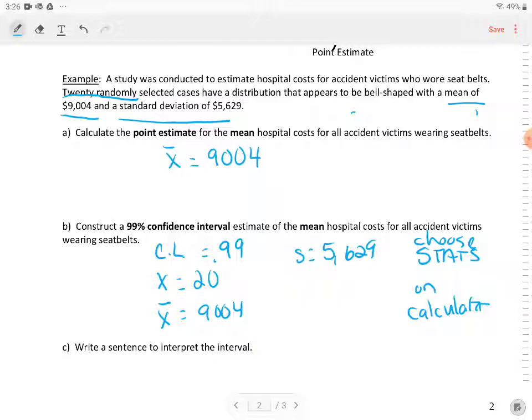Calculate. And we get, for our interval, 5,403, 12,605.